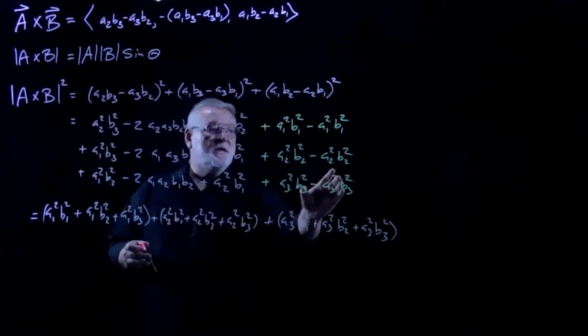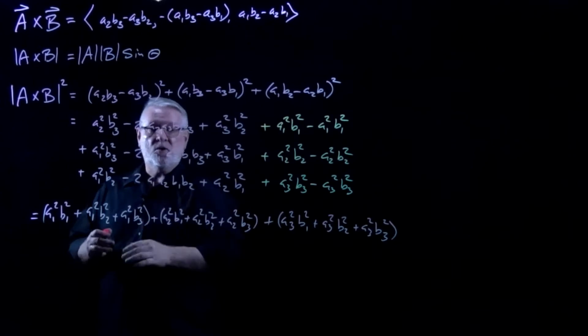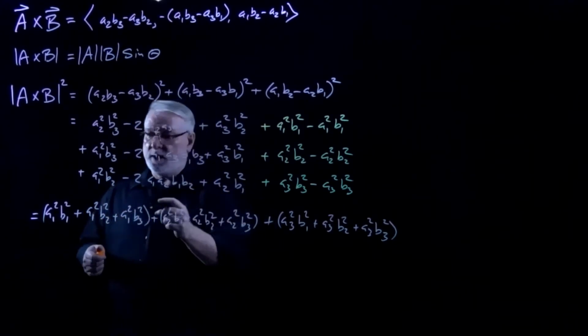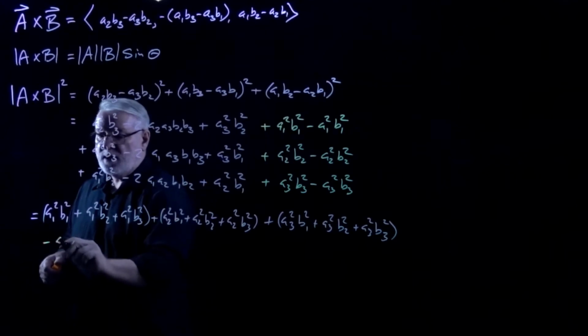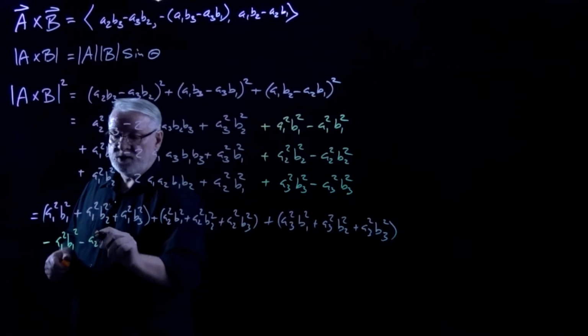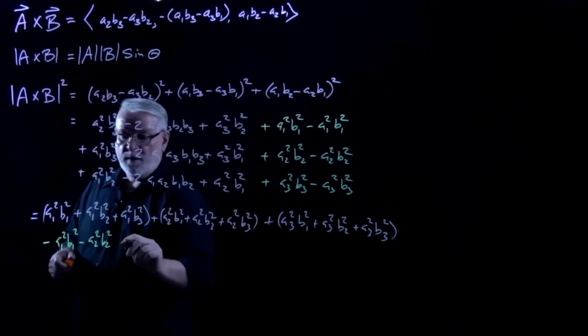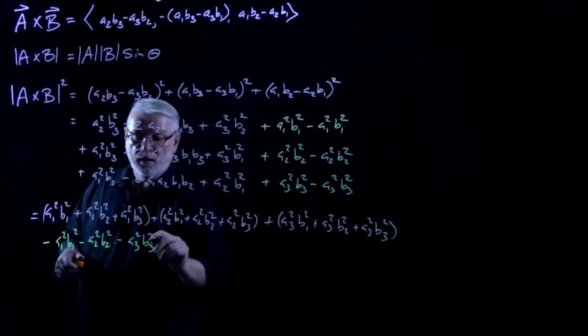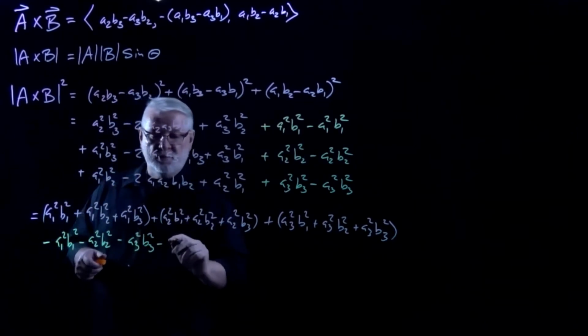What remains are these negatives here and all the cross terms. So I'm going to write them down as one long negative. So it'll be minus A1 squared B1 squared minus A2 squared B2 squared minus A3 squared B3 squared. And then minus all these cross terms.